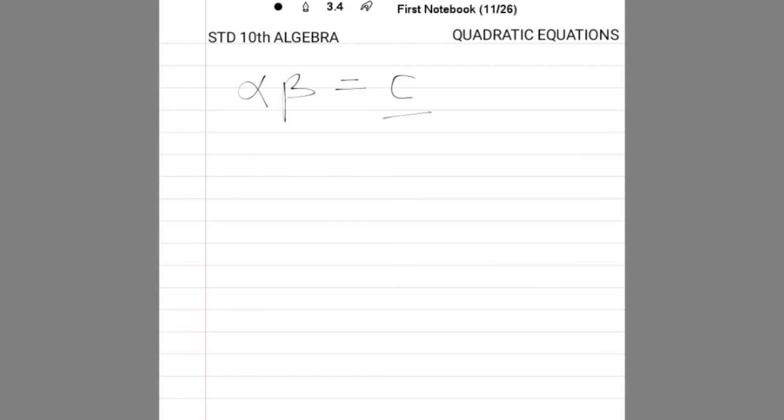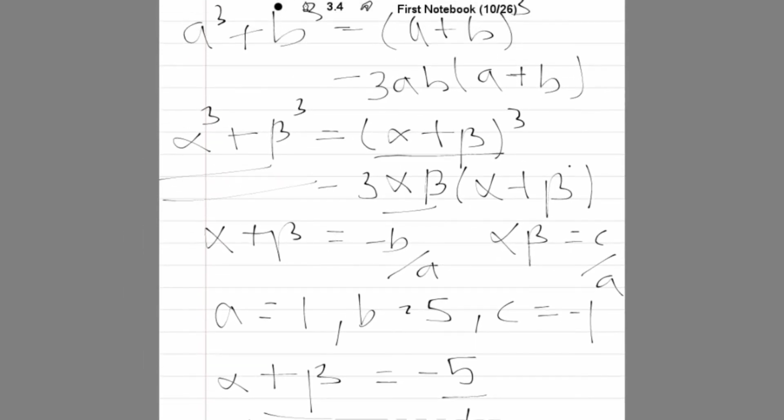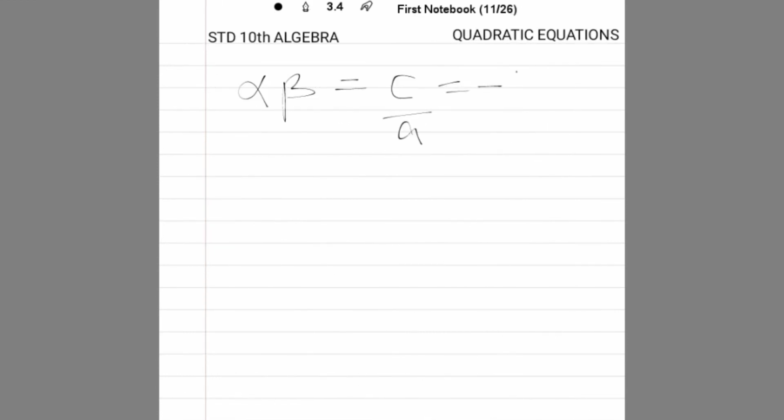So that is c upon a. Now the value of c, if we see in this equation, is -1. So we just substitute that there and get -1 upon a, whose value is 1. So we get alpha into beta is equal to -1. Again we put it in the box.